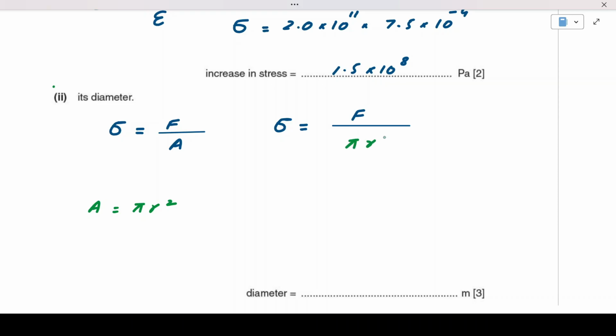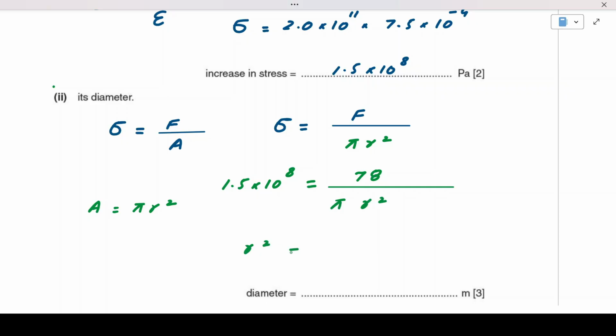I'll just keep it easy. For the diameter, stress equals force divided by area, and the stress is given as 1.5 into 10 to the power 8. Force is given as 78, the weight of the object, divided by pi times r squared.